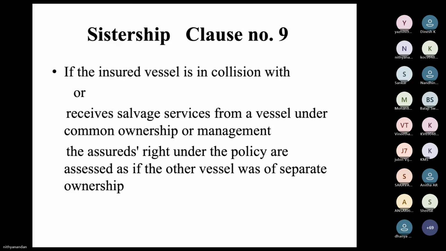Understood? Imagine the two ships are owned by different people, arrive at the liabilities, and these liabilities will be payable by the insurer of the respective ships, even though both ships belong to the same insured. This is the sister ship clause.